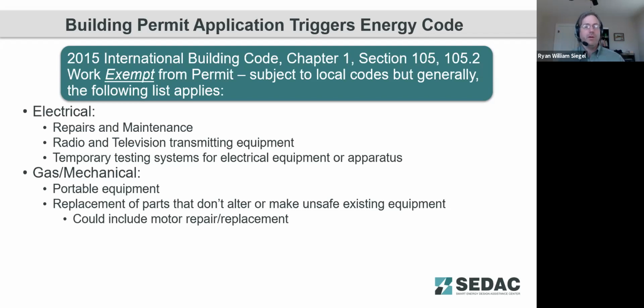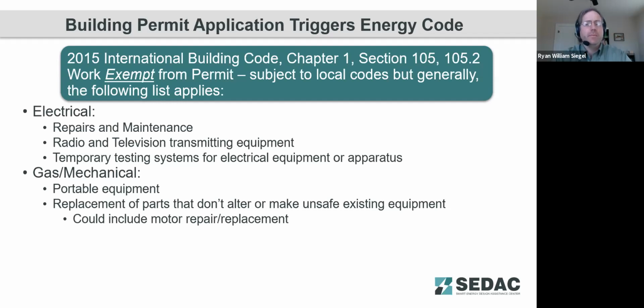The International Building Code does list out several different items that are normally exempt from permits, including electrical repairs and maintenance, portable gas equipment, such as portable barbecues or outdoor heaters, and things of that nature.